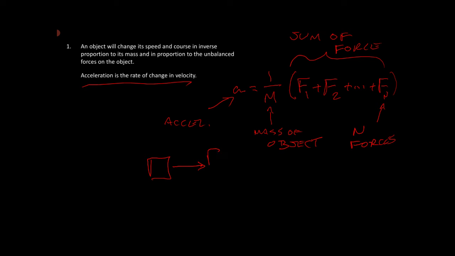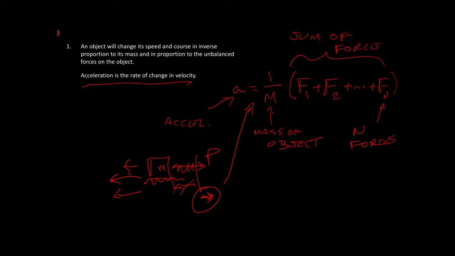So if you have somebody pulling this way and the floor resisting that with friction that way, they both have a positive magnitude, but because this one's in the opposite direction, it cancels out some percentage. Let's say it's smaller than this, so it cancels out this part. This part isn't active, but this little bit here is the leftover, the unbalanced part of the force that's causing that acceleration.